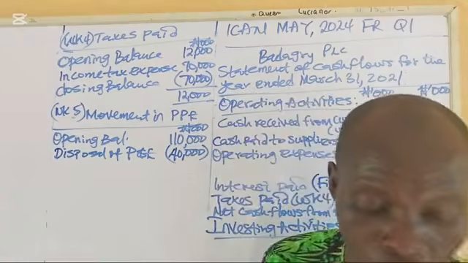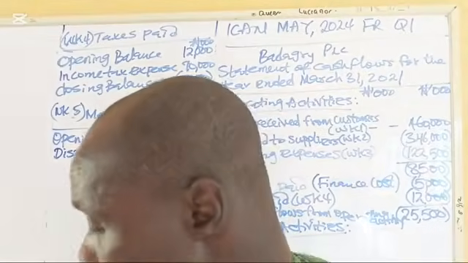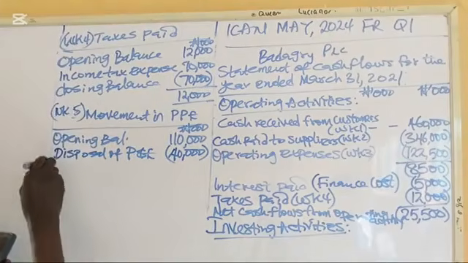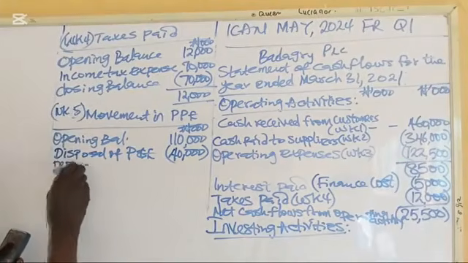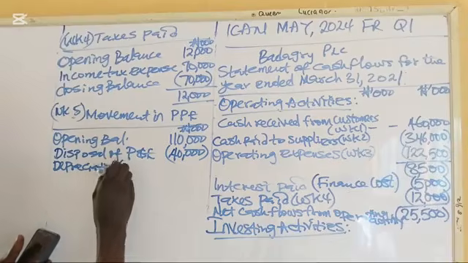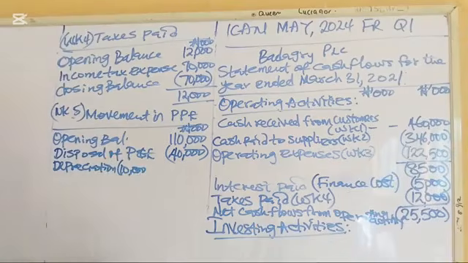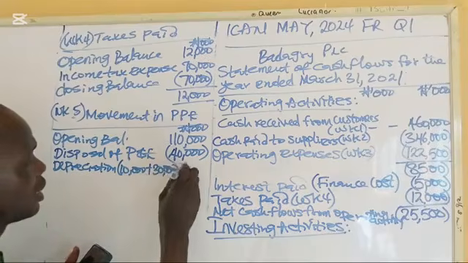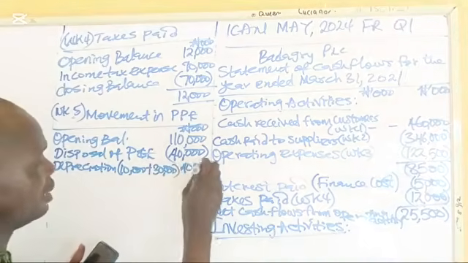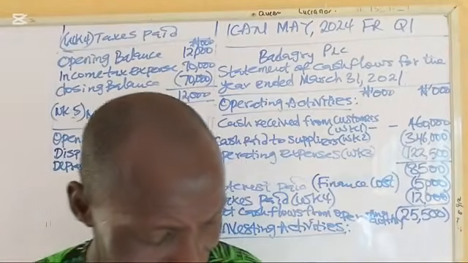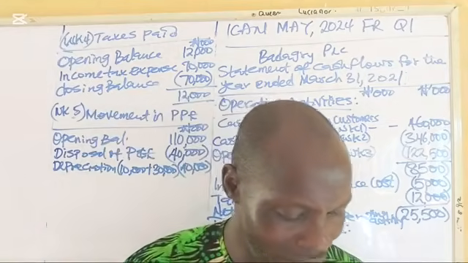Depreciation charge for the year was 10 million on furniture and 30 million on plant and equipment. Both are PPE. Depreciation totals 40 million. Hope you are following me. Yes, sir. Good. So, next.